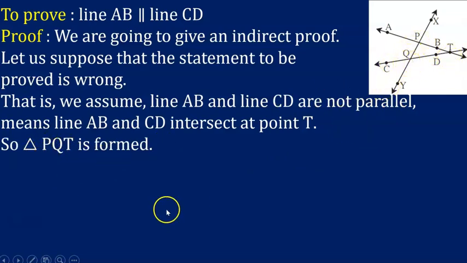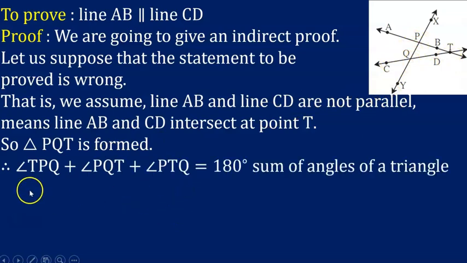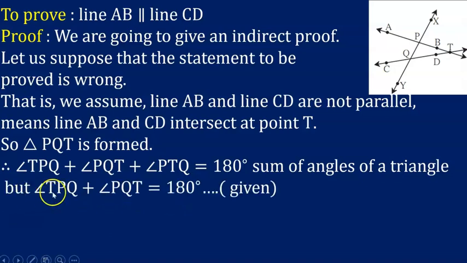Triangle PQT is formed. Now, the measure of angle TPQ plus measure of angle PQT plus measure of angle PTQ is equal to 180, the sum of angles of a triangle. But angle TPQ plus angle PQT is equal to 180 degrees.